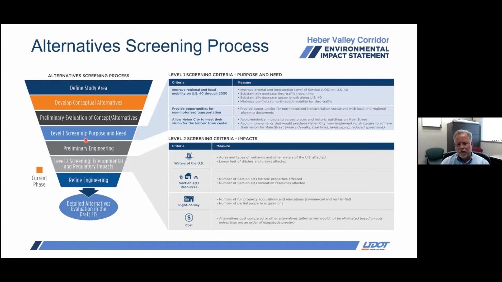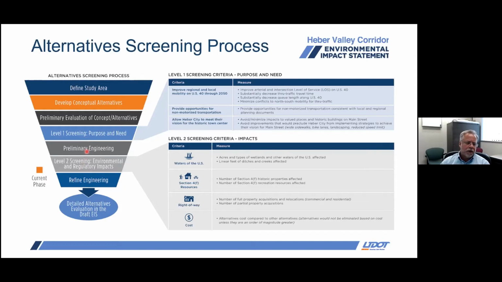At this stage, we'll also look at whether or not they avoid or minimize impacts to the historic buildings on Main Street. And we'll also look for ways that these alternatives can provide the opportunities for the non-motorized transportation components as well. Any alternatives that do not meet the purpose and need will get screened out, will be eliminated from the alternatives.